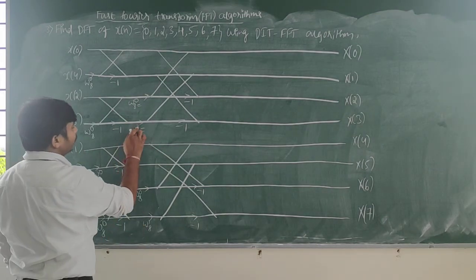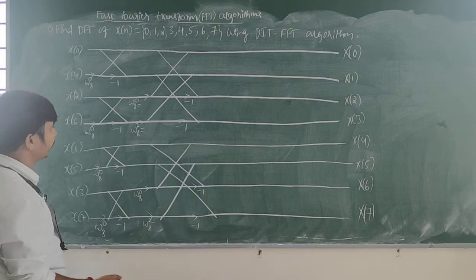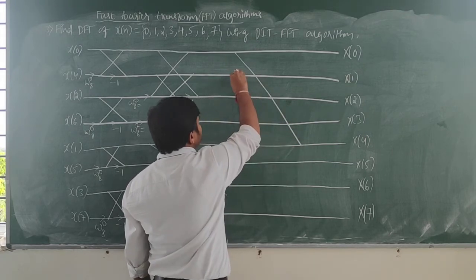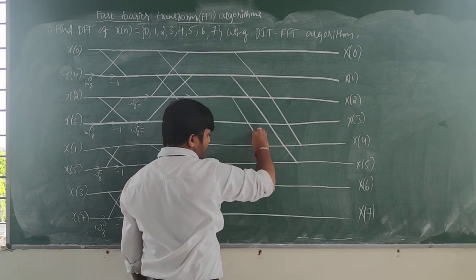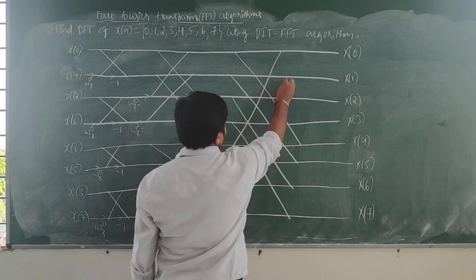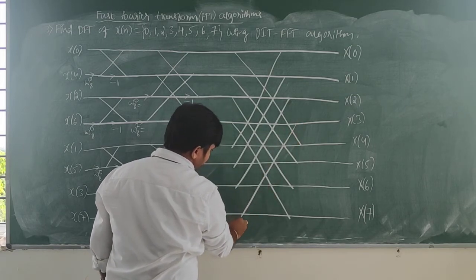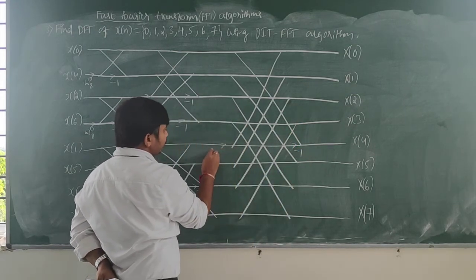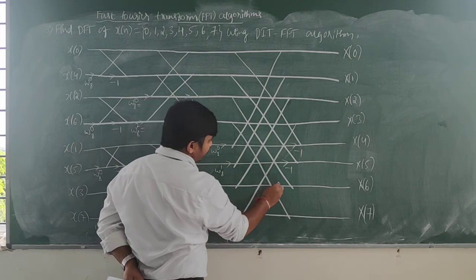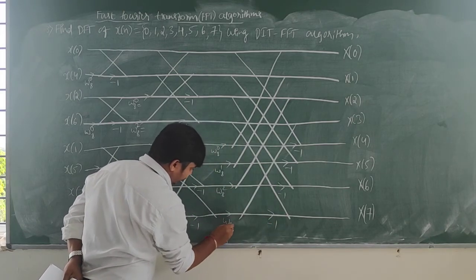So this is W8 power 2. Minus 1, W8 power 0, minus 1, W8 power 1, minus 1, W8 power 2, minus 1, W8 power 3.